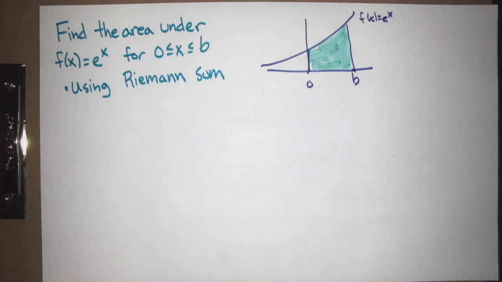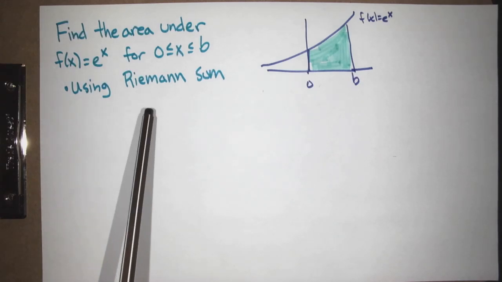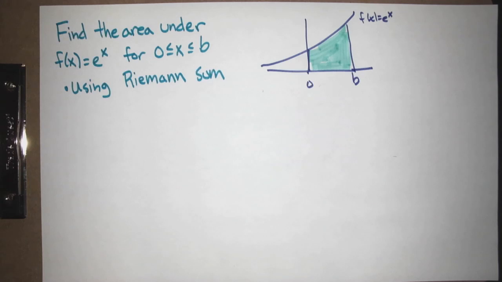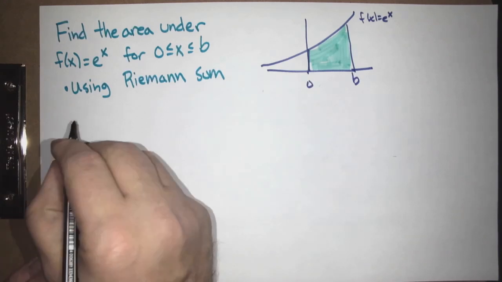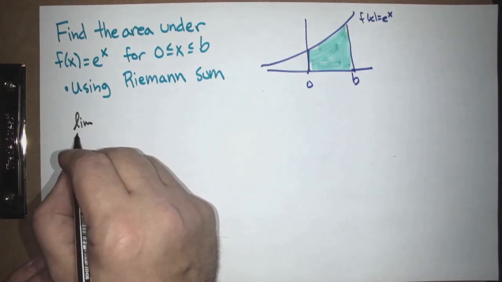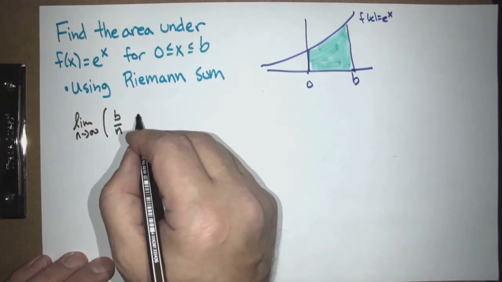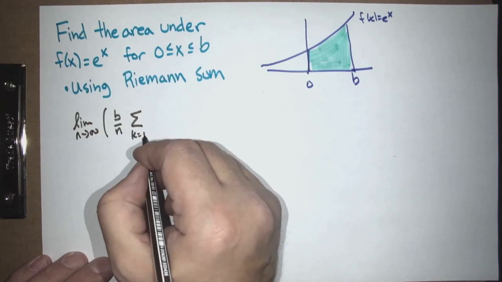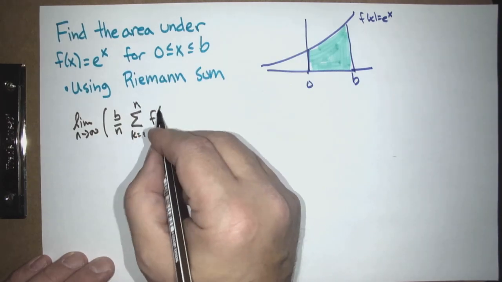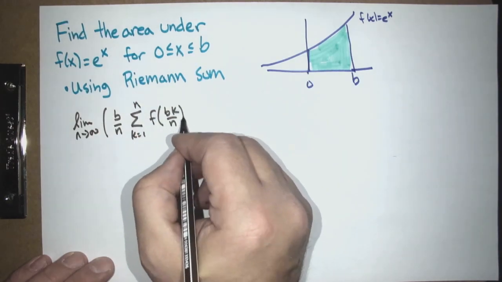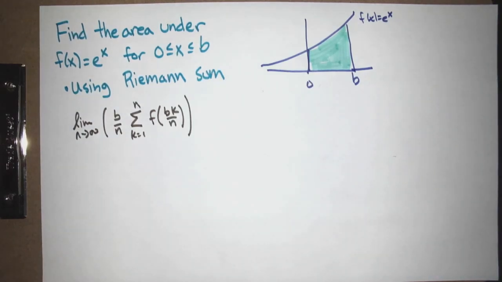And the reason I think we should do that is it says, use a Riemann sum. It's a pretty strong hint. Very, very strong hint. All right, well, so limit n goes to infinity of b divided by n, sum k equals 1 to n, f of b times k over n. Definition.